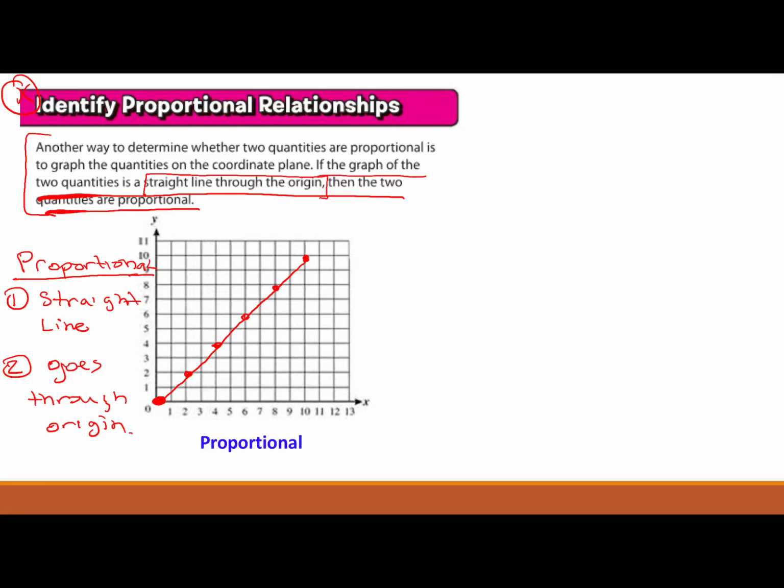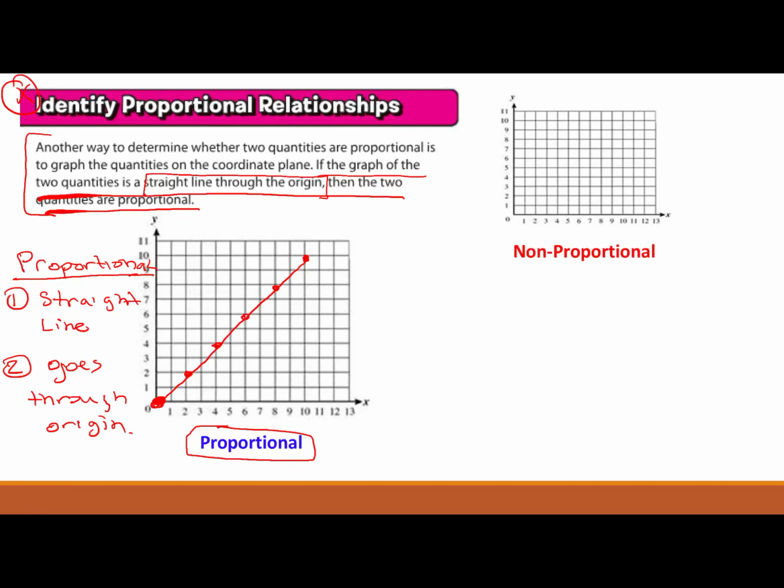And as you can see, this relationship would be considered proportional because it is a straight line and it goes directly through the origin. Well, now that you know what a proportional relationship looks like when you graph it, what does a non-proportional relationship look like? Well, let's see. If proportional has to be straight and through the origin, what if we make a line that's not straight?